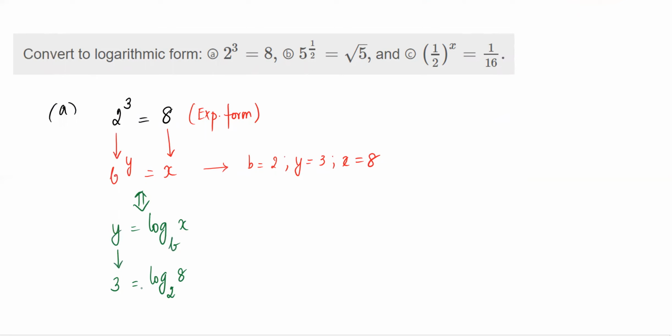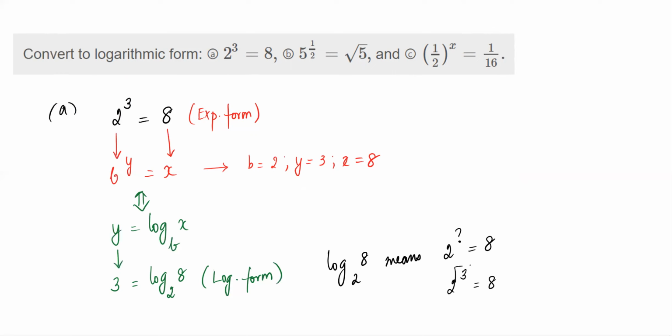But what does it really mean? Okay. Well, let me write the meaning here. Log 8 to the base 2 means you're asking yourself 2 power what equals 8. That is the meaning of this. Okay. Log 8 to the base 2 means this base 2 power what will give me that 8. Yeah. And then if you consider different options, you'll immediately notice that 2 power 3 equals 8 fits the bill.